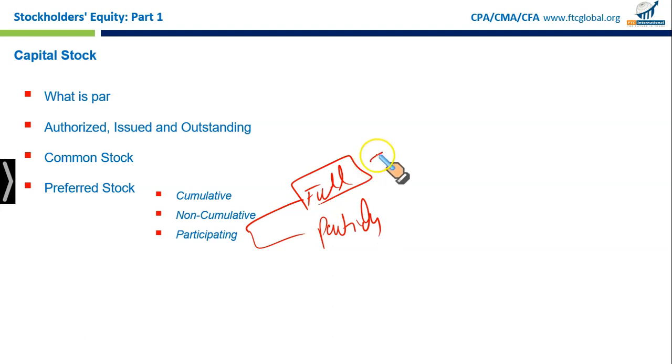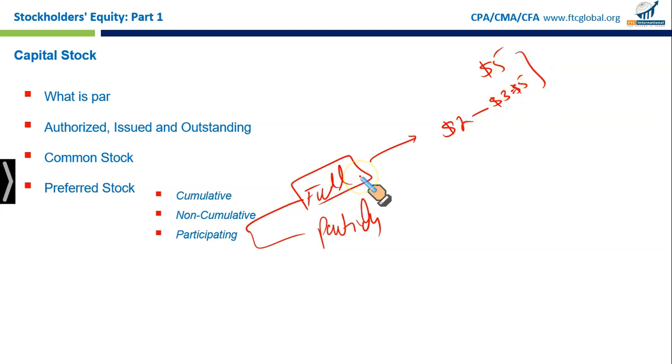So let's take an example. If a common shareholder gets $5, whereas a preferred shareholder gets only $2. So if the preferred stocks are fully participating, then these preferred stockholders will be given an extra $3 to bring it at par with the common shareholders.